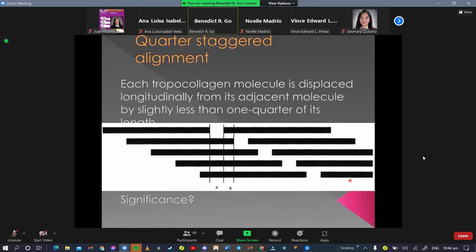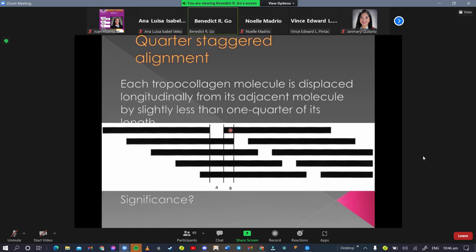If you look at it cross-sectionally, you will have your bold lines and your lines which have a gap. The ones with the gap, if you look at it through your negative stain, would be the dark bands, whereas the ones without the gap will be your light bands. And the significance, which she mentioned earlier, was on point, so that's fine.